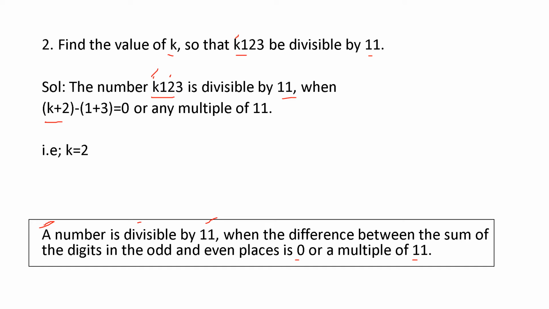So k plus 2 minus the even position values, that is 1 plus 3, is equal to 0 or any multiple of 11. And here you can find the value of k. K plus 2 minus 1 plus 3 is equal to 0. While solving, you will get k is equal to 2.